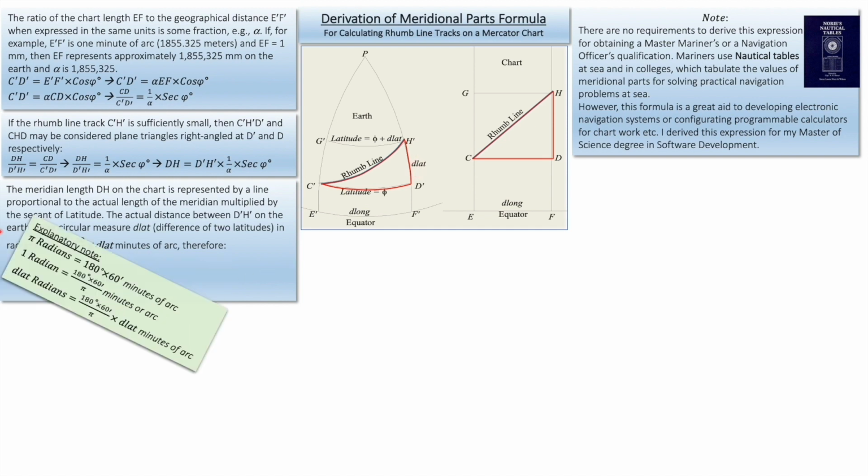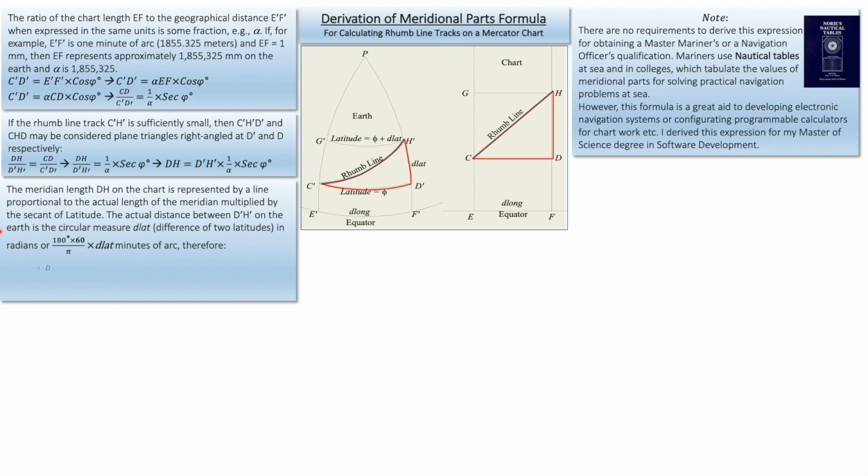We can substitute the value of D prime H prime, which is the D lat, into this expression, and so DH becomes 180 degrees times 60 divided by pi times D lat times 1 over alpha times secant of phi. We can slightly rearrange by writing 1 over alpha outside in this expression.